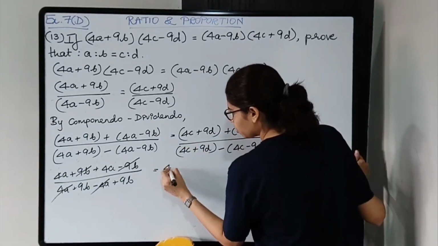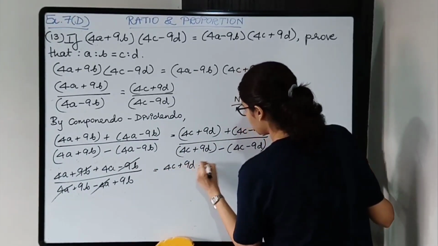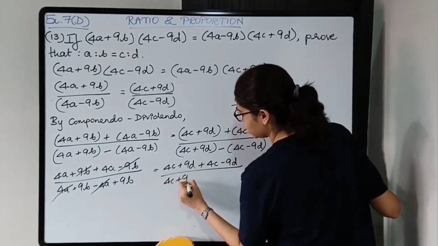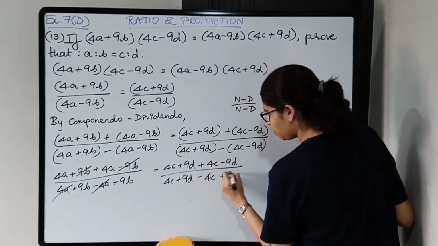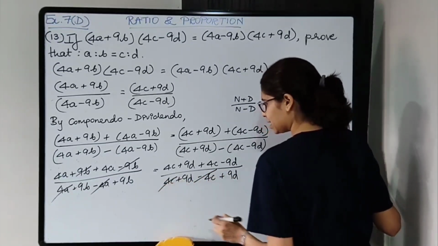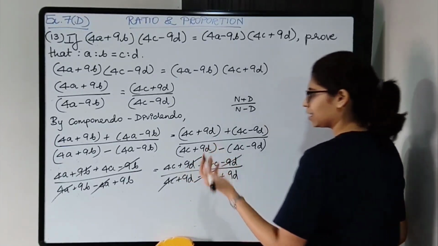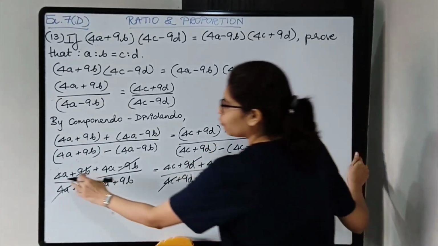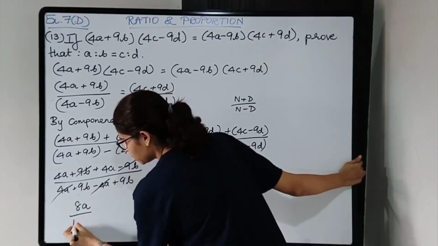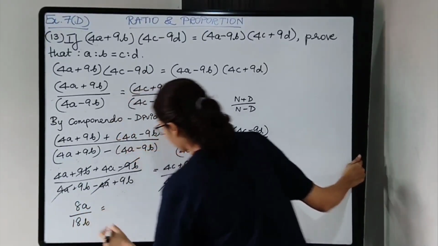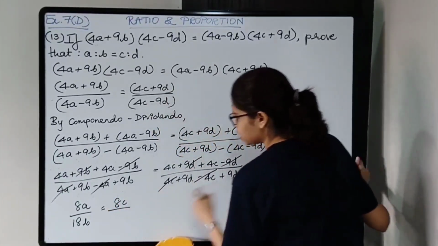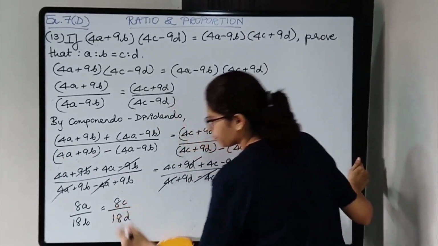Over here 4c plus 9d plus 4c minus 9d upon 4c plus 9d minus 4c plus 9d. Signs will change. 4c cancels, 9d cancels. 4a plus 4a gives 8a, 9b plus 9b gives 18b, 4c plus 4c is 8c and 9d plus 9d is 18d.